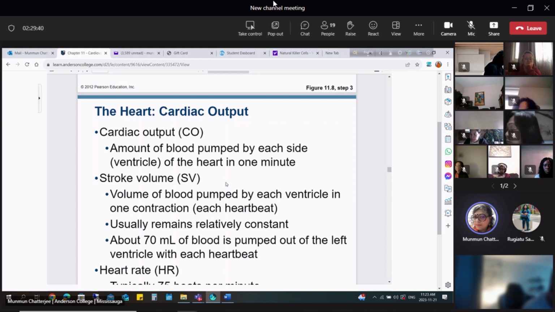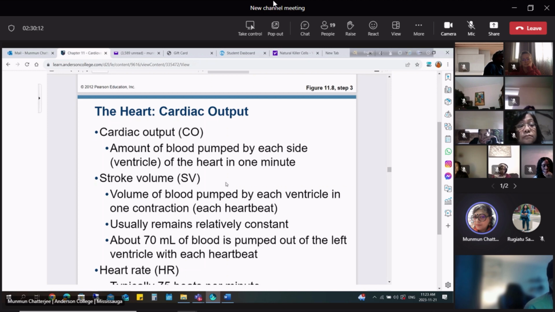Remember, stroke means one beat. In general, about 70 ml of blood is pumped out by the left ventricle with each heartbeat.